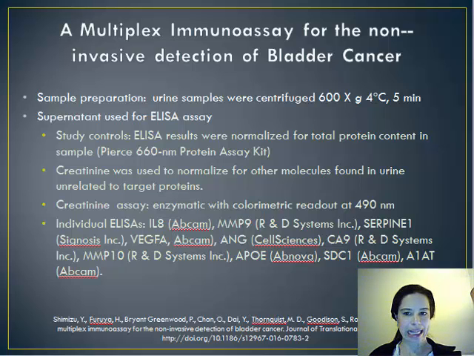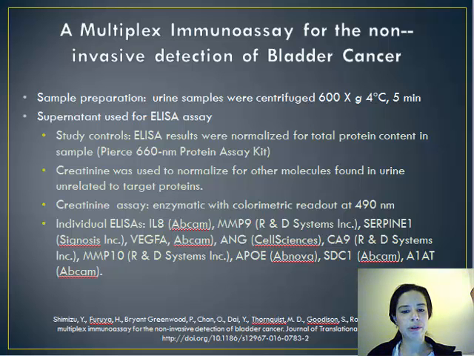One way to do that is to measure your total protein content in your sample. There are commercial kits, such as Pierce's kit for normalizing protein in your sample, so that if you have one sample with a high level of protein and one with a low level, your results are not confounded by variation between samples.